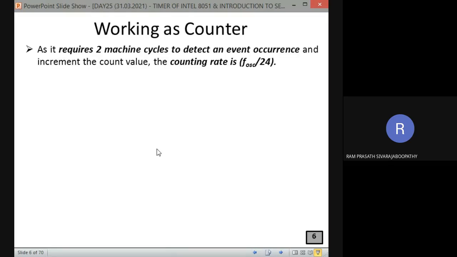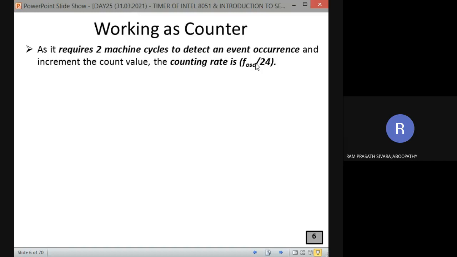That means one machine cycle to detect an event, and another machine cycle to increment the count value. That means it requires minimum 2 machine cycles per count. That means this is the maximum counting operation that can be done by your 8051 counter. So Fosc/24 is the maximum operating frequency of the counter. So this thing you have to understand.